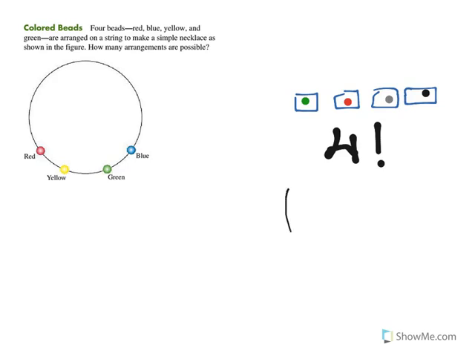But the problem is when it comes to circular arrangement. So suppose you have a circular table and you're trying to seat 4 students around that table. The first person who comes in actually doesn't matter where he sits. You have only one possibility for where this person sits, because whoever comes next can sit anywhere and it will be the same, because he can see the same thing.